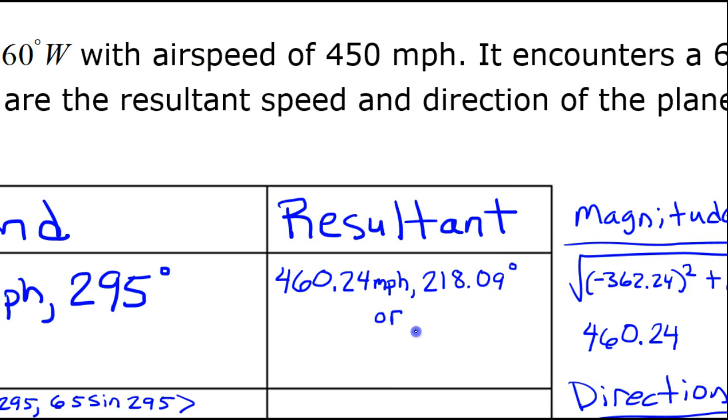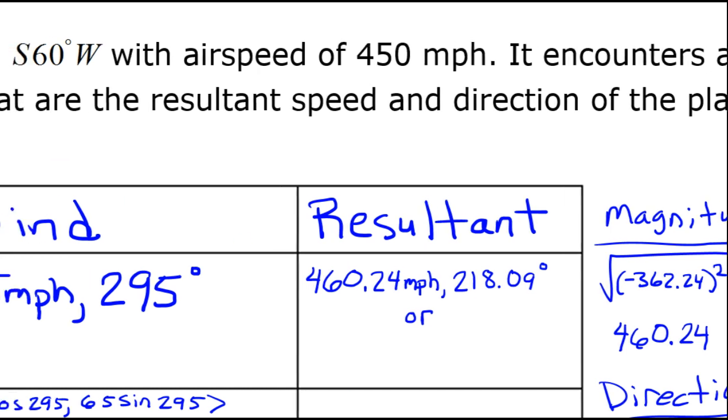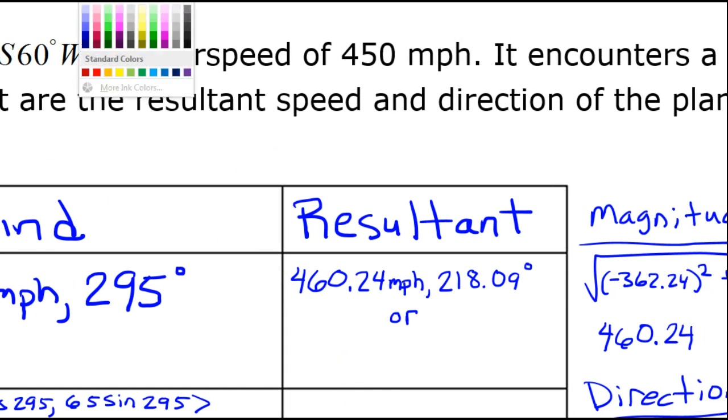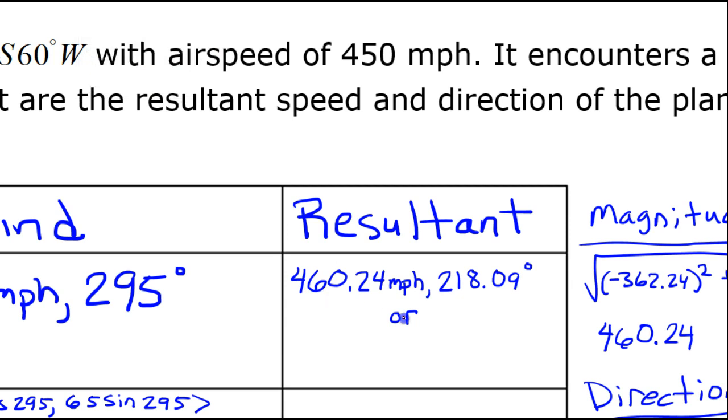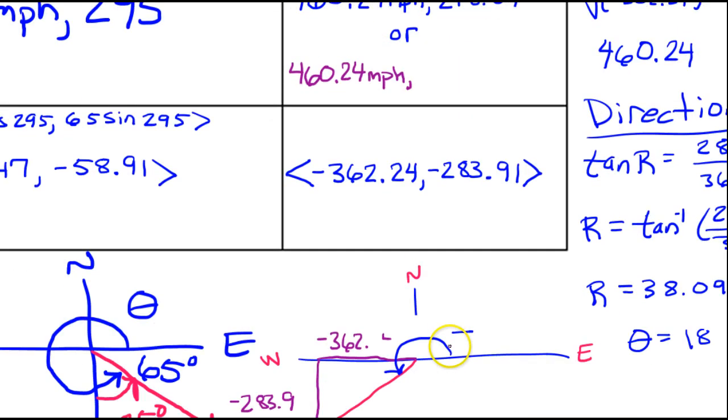So for our final answer, we need to write the direction using that format. So I'm just going to recopy my answer, including my magnitude. So I will say 460.24 miles per hour. That's the speed of the plane. But now I'm going to go back and look at the direction again and give it in a similar format to what was presented in the problem. And you simply must do that.